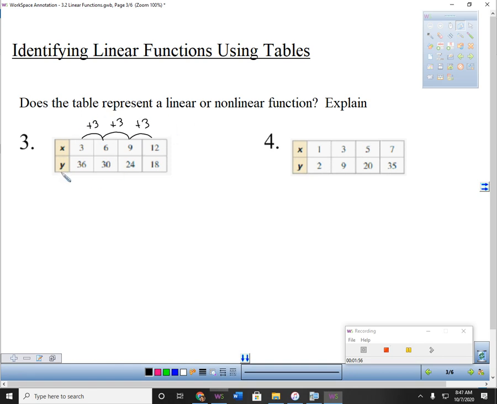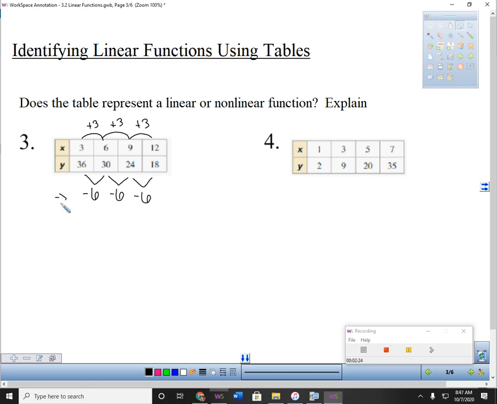Then you're going to look at your y's and do the same thing. So to get from 36 to 30, I would have to subtract 6. To get from 30 to 24, I would have to subtract 6. And to get from 24 to 18, I would have to subtract 6.